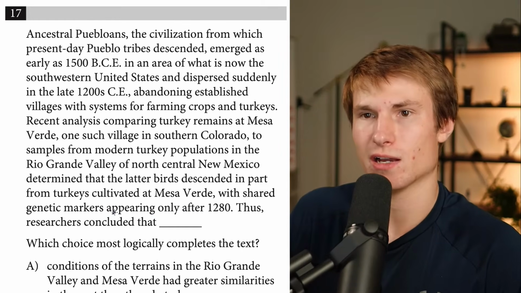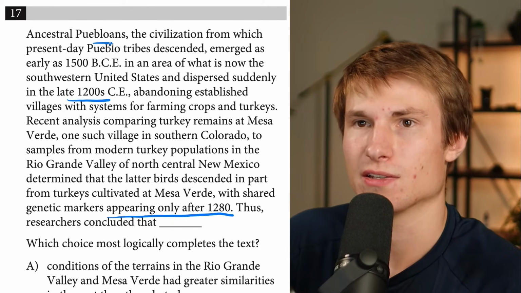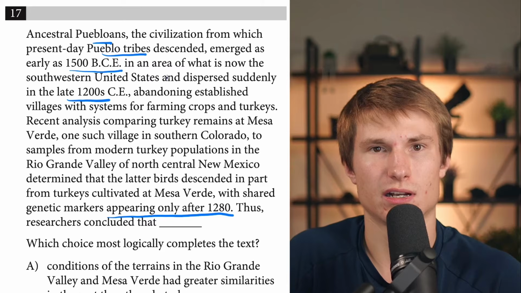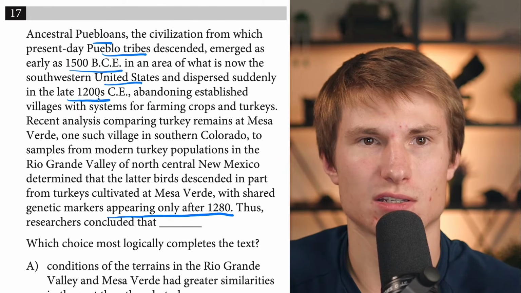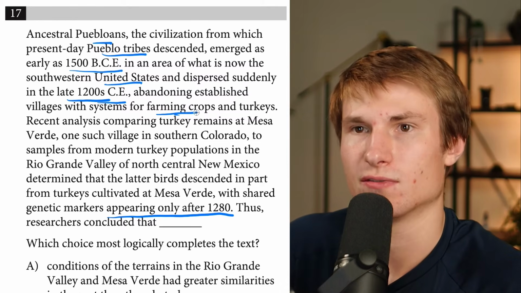Okay, so we've got these shared genetic markers that appear only after 1280. If we go up here, we see that we've got ancestral Puebloans, Pueblo tribes descended, emerged in 1500 BCE in an area of the southwestern United States, dispersed suddenly in the late 1200s, abandoning their villages for farming crops and turkeys.